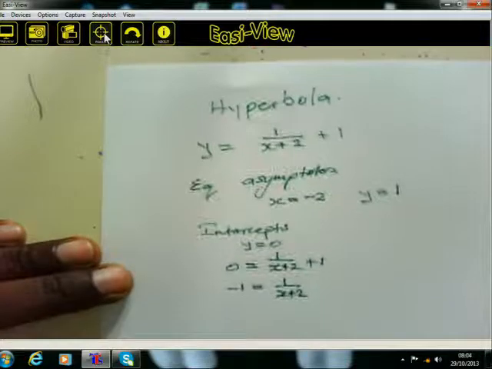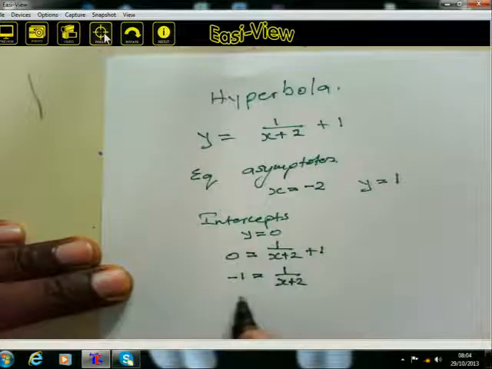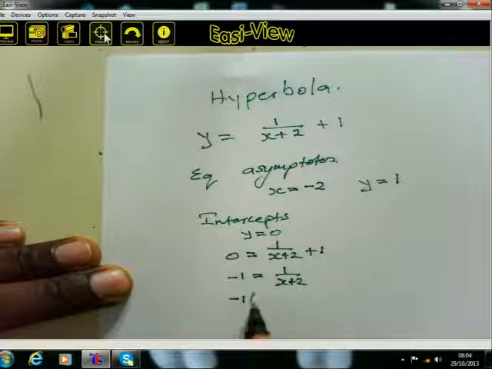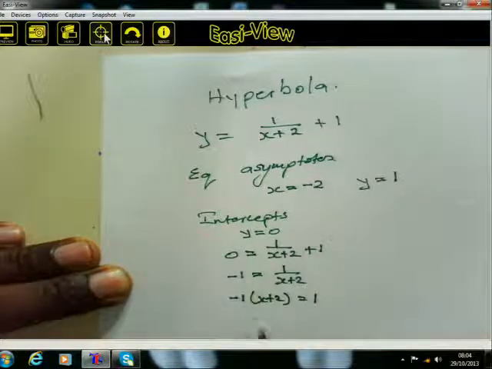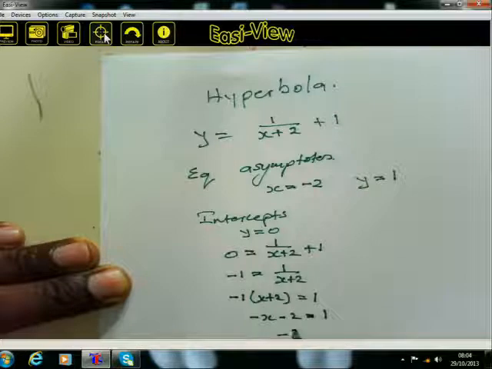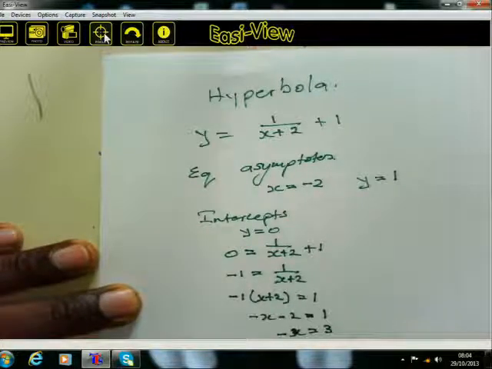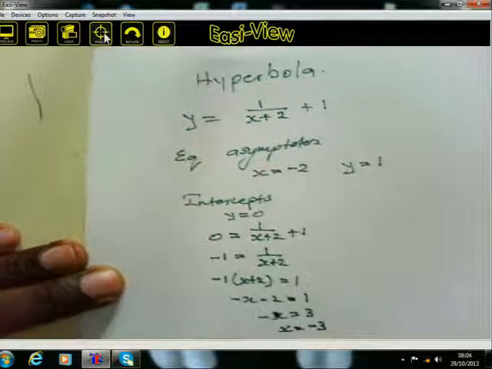And then we cross multiply. This gives us -1 into x plus 2 equals 1. This gives us minus x minus 2 equals 1. And then minus x equals 3. Therefore, the value of x will be -3. Are we together on that?